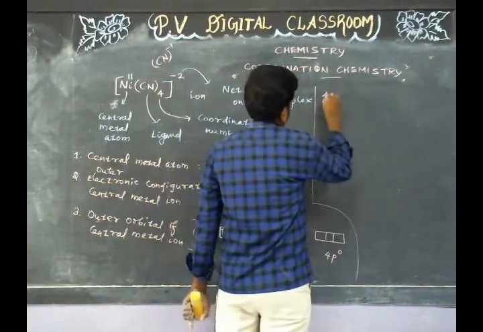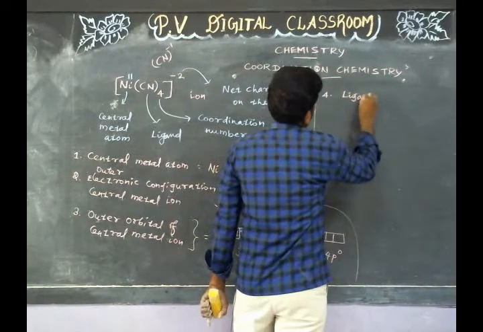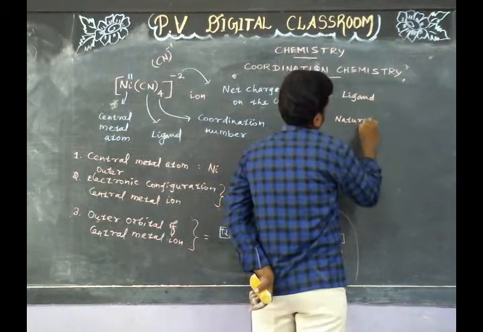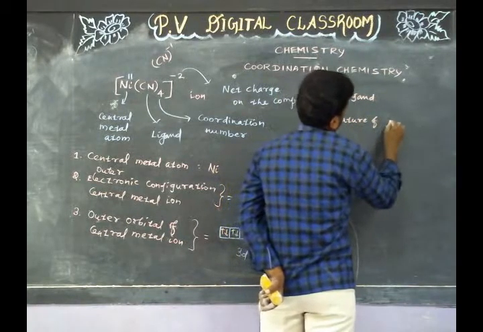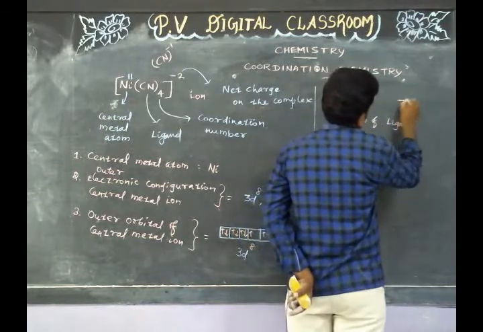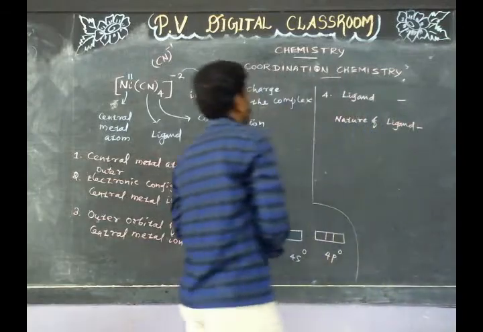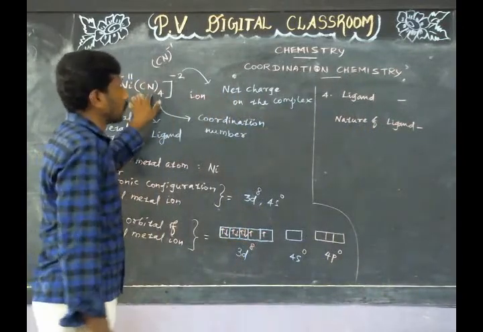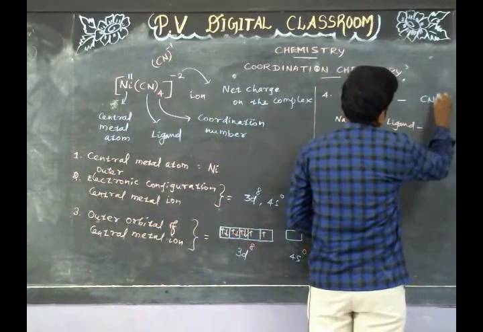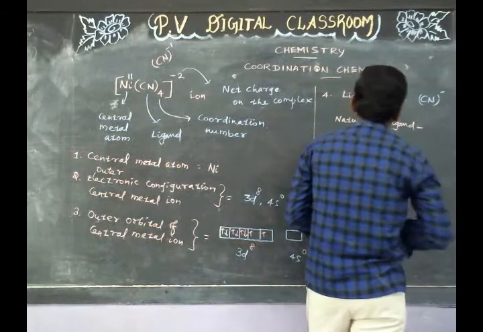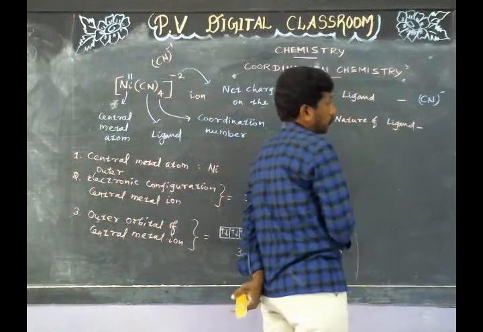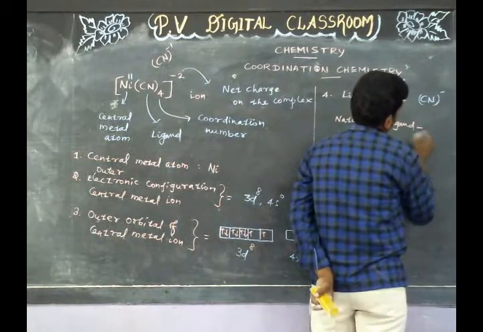Fourth one, ligand and nature of ligand. In the given complex ion, the ligand is the CN- ion. The nature of the ligand is a strong field ligand.